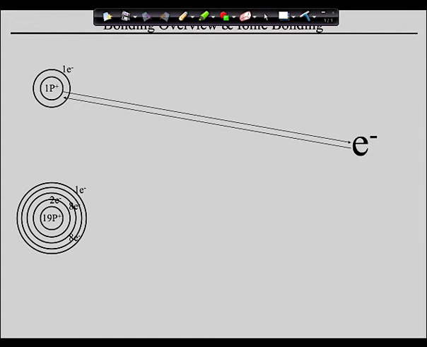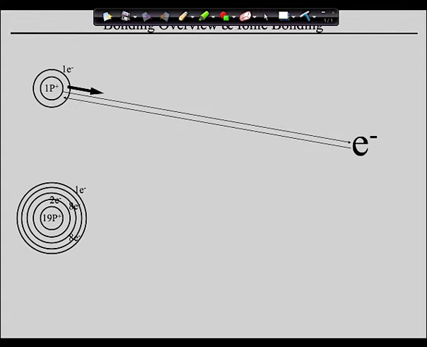But that is not the only force that is at play. What is the force that is preventing this hydrogen from pulling in the electron? The shielding of this electron, of the one electron around the nucleus of hydrogen. So we've got this tension between the pull of the nucleus and the push of the electrons that are already circling the nucleus.